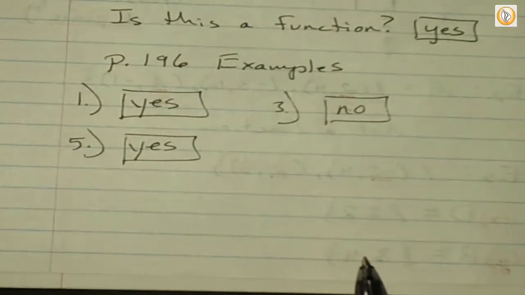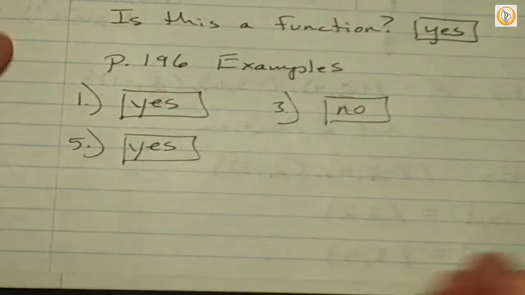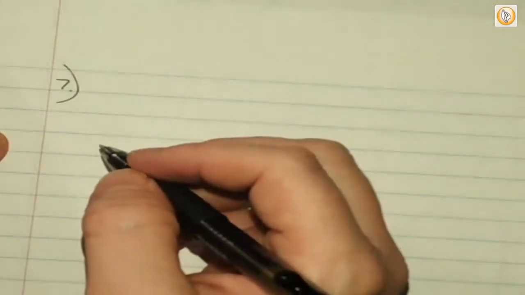All right, let's look at number 7. It says, for each graph relation, state its domain and range and whether it's a function. So you're going to have 3 answers. Look at 7 and all those dots. They're not connected. That is a relation.